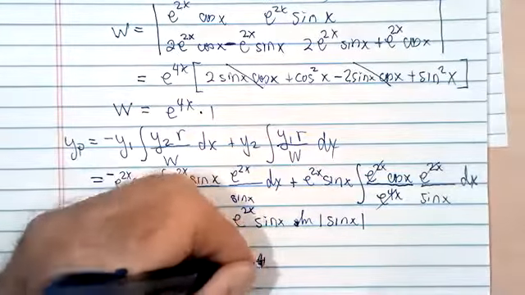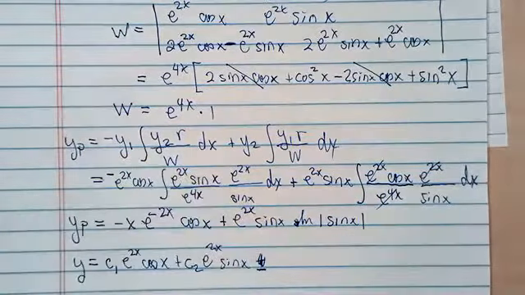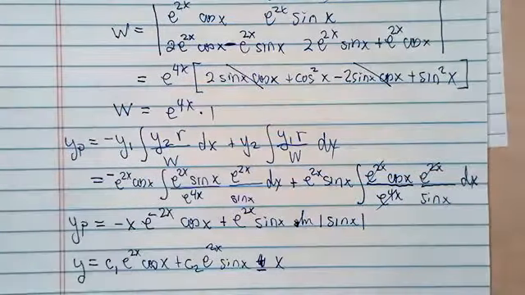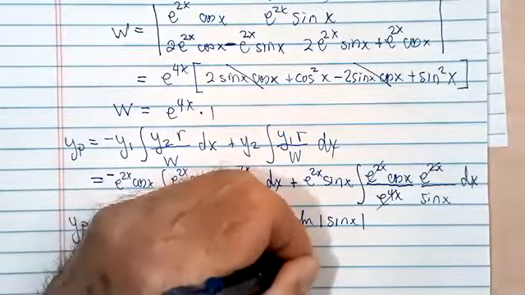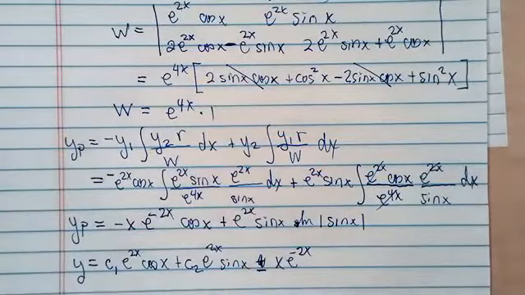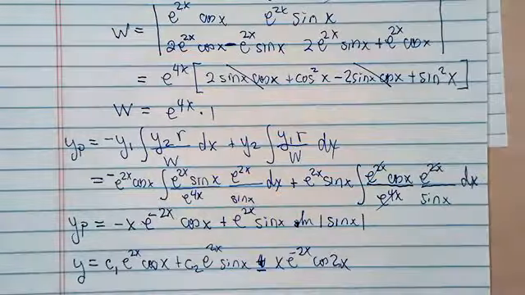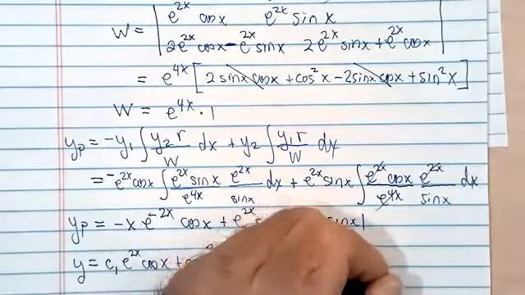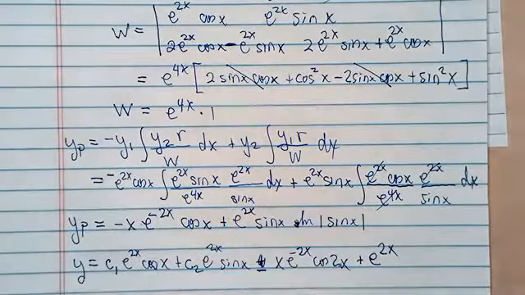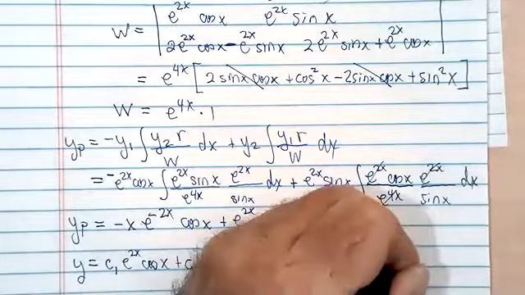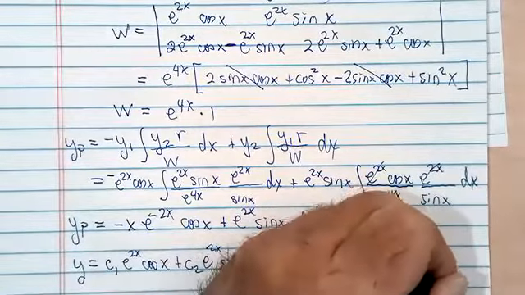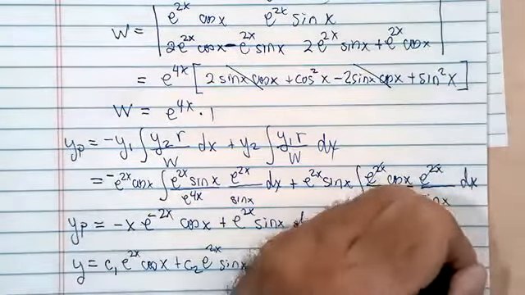I already made a mistake, it should be a minus, not a plus: minus x e to the minus 2x cosine 2x, plus e to the 2x sine x log absolute sine x.